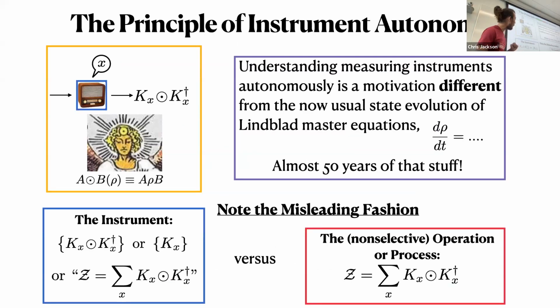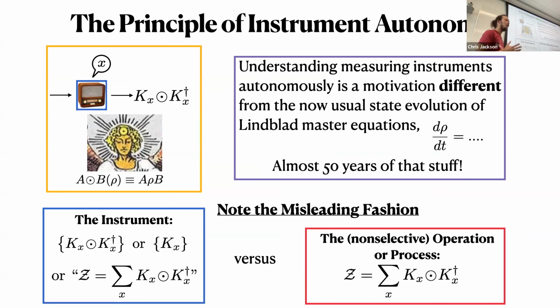Okay, so because people have been obsessed about state evolution for so long, I wanted to make explicit this idea of the principle of instrument autonomy, okay? Which is instruments, measuring instruments are their own independent reality, okay? So the set of things that an instrument can do actually have its own distribution. So when you think quantum mechanically, you usually think there's a state causing these samples to happen.